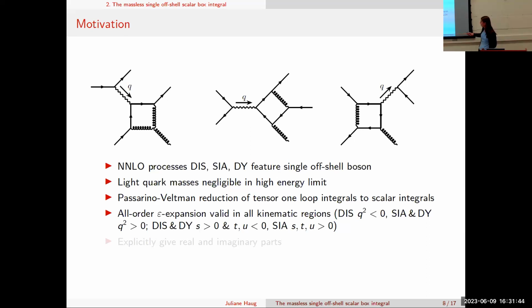So what we want to do is give an all-order epsilon expansion, which is valid in all kinematic regions. So you can just plug your kinematic variables in and get a result, not a lot of work required. For example, Q squared has different signs for all of these processes, and the Mandelstam variables too. We just want our result to be usable for all of these processes. And we also want to give real and imaginary parts explicitly, so you can just read them off.